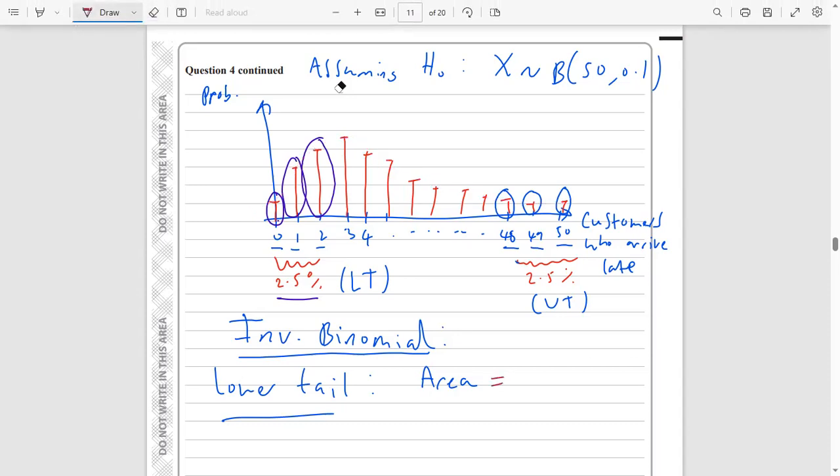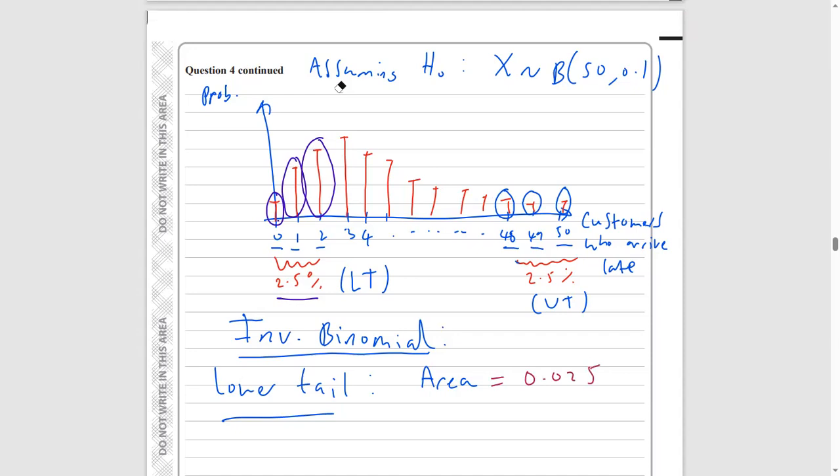Your area is going to be 0.025. So remember how the calculator works. The calculator is programmed to take areas on the left tail, the left side of your distribution. So if you want an area on your lower tail to be 0.025, 2.5%, you just put 0.025 as your area into your calculator.